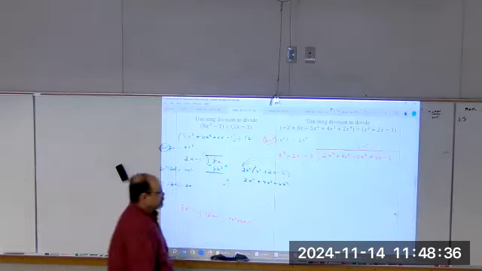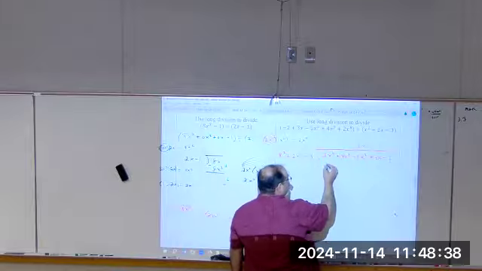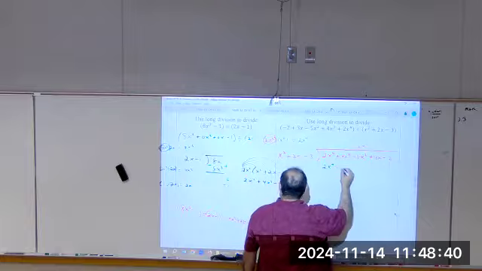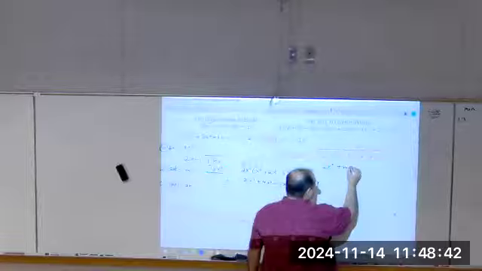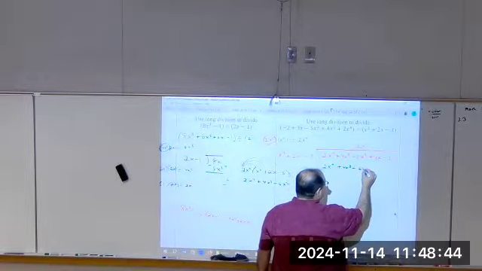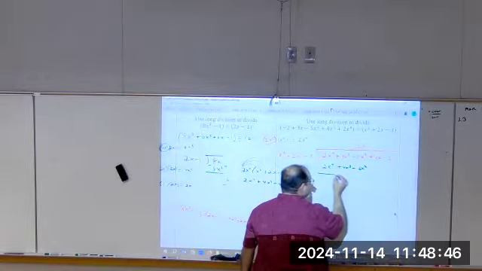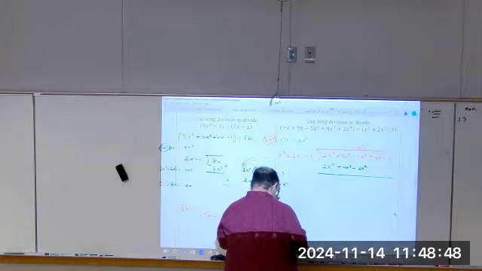So 2x to the 4th plus 4x to the third minus 6x to the second. And subtract.